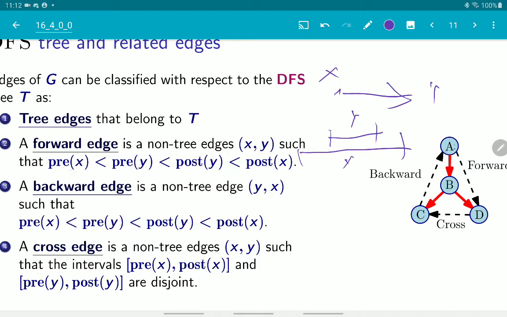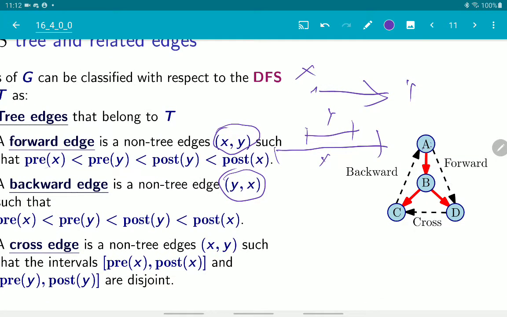Now, you have to notice that the important thing here is that x and y are flipped here. So although this looks the same, it's not the same, right? This is an edge that goes from y to x, where the time interval of y is contained inside the time interval of x.